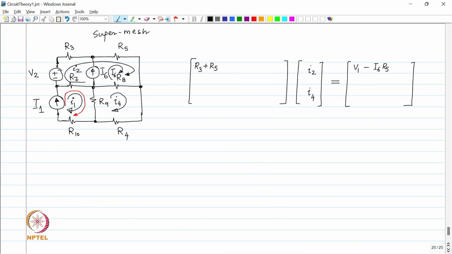Fine. Is it okay? Then the drop across R8 is I2 plus capital I6 minus I4 times R8.